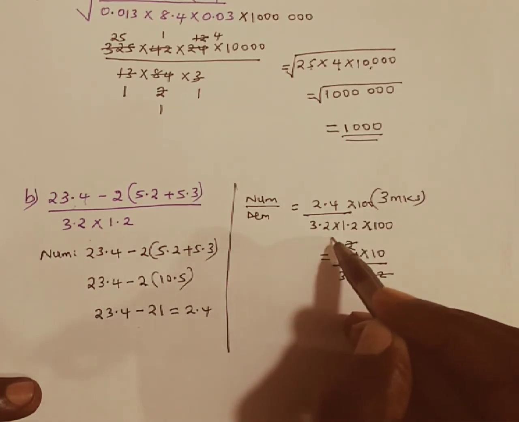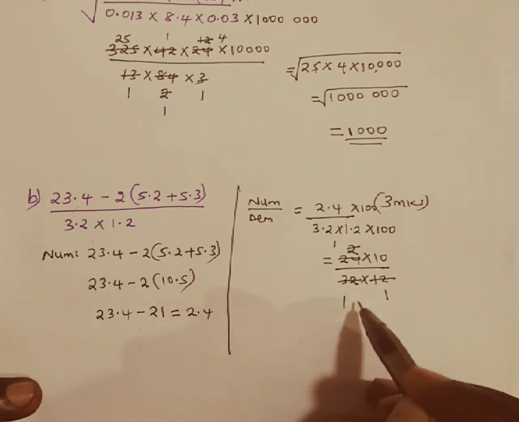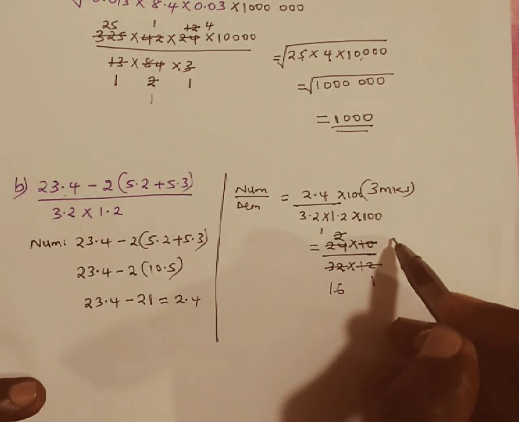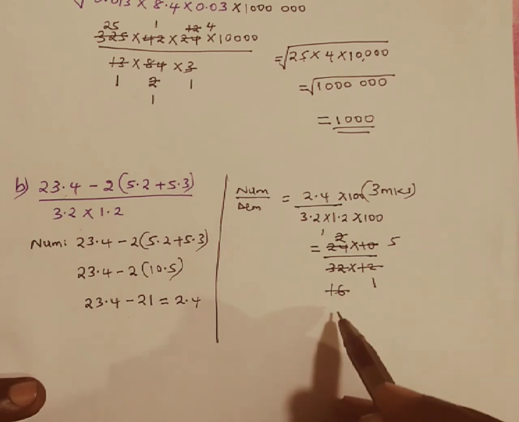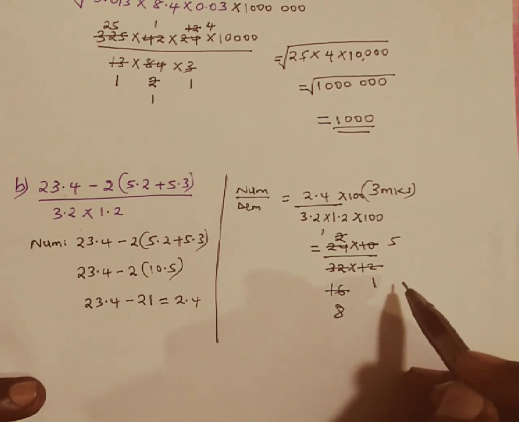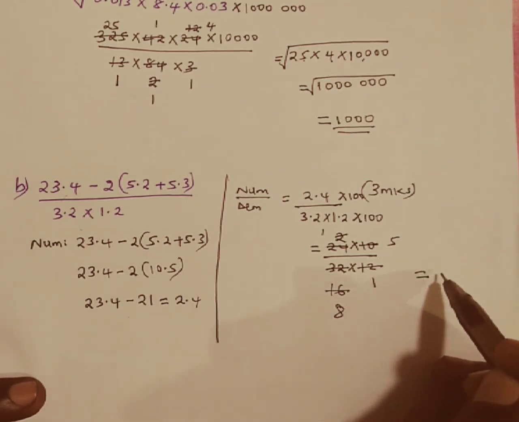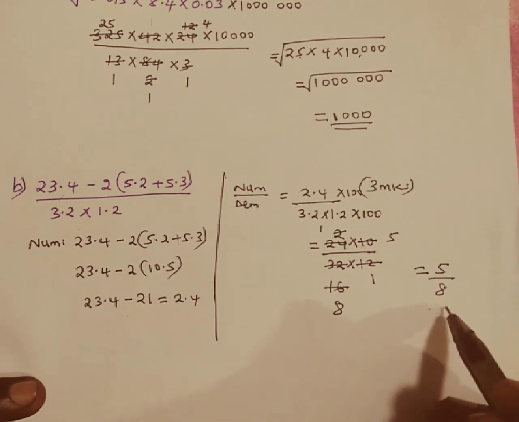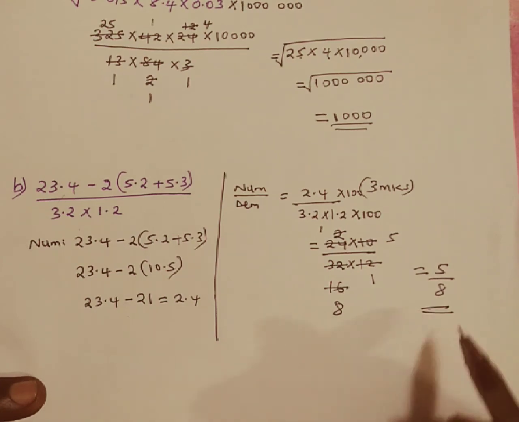Then 2 goes to itself once, it goes to 32 16 times. So by 2, 2 goes to 10 5 times. 2 divides 16 8 times. And our final answer is going to be 5/8 as a fraction in its simplest form.